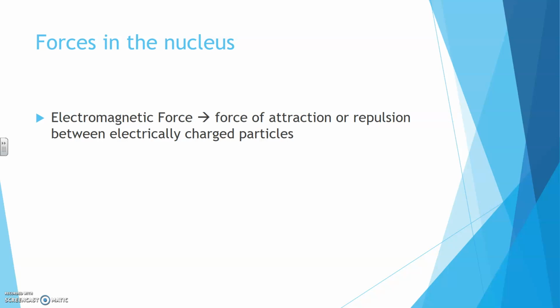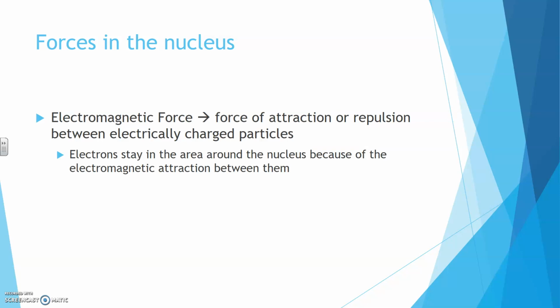If you have opposite charges, they will try to attract each other and pull each other back together. So electrons will stay in the area around the nucleus because of those electromagnetic attractions between the positive nucleus and the negative electrons. That's what keeps them moving, kind of falling around the nucleus in a way.